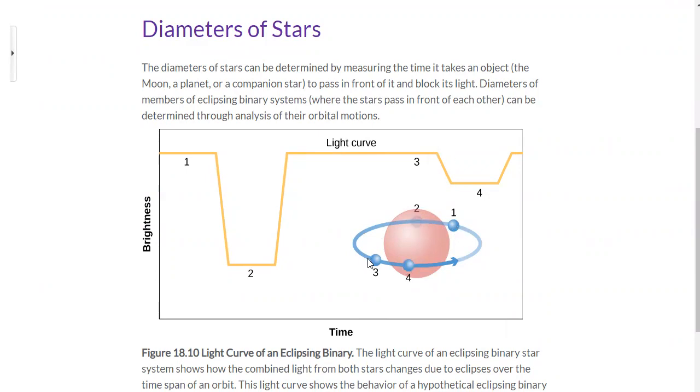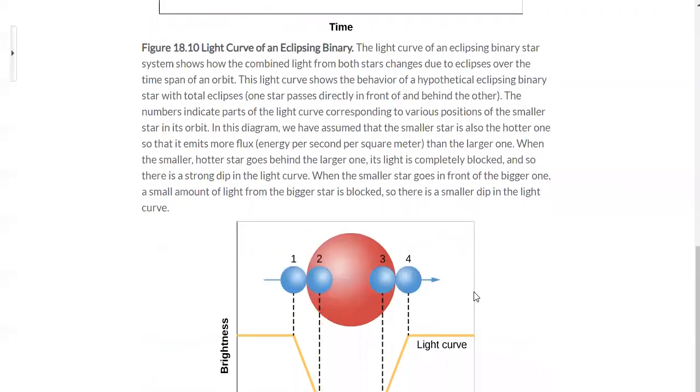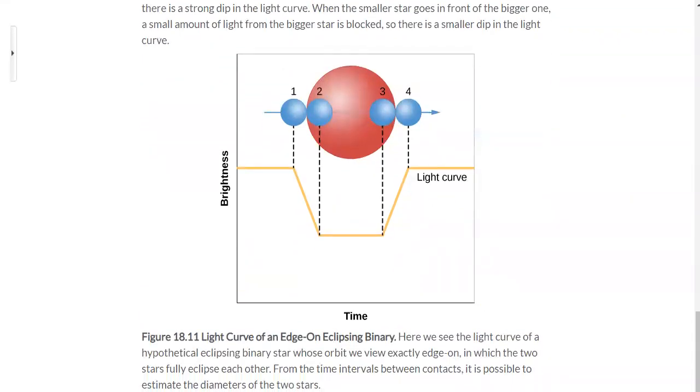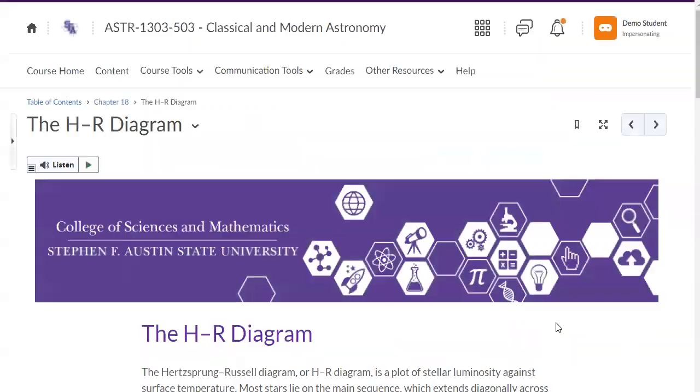And then when the brighter star covers up the cooler surface of this big star, you get a smaller dip like this. I used to do research like this and get these light curves and be able to model the two stars and determine which one was bigger, which one was hotter, and also the combined masses of the two as well. So that's one way to measure the masses and the sizes of stars.